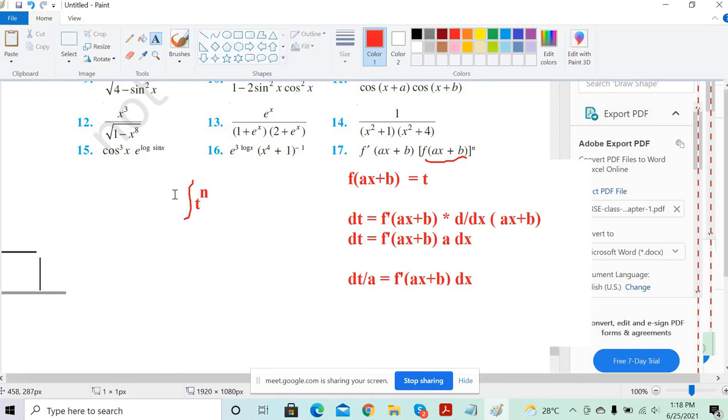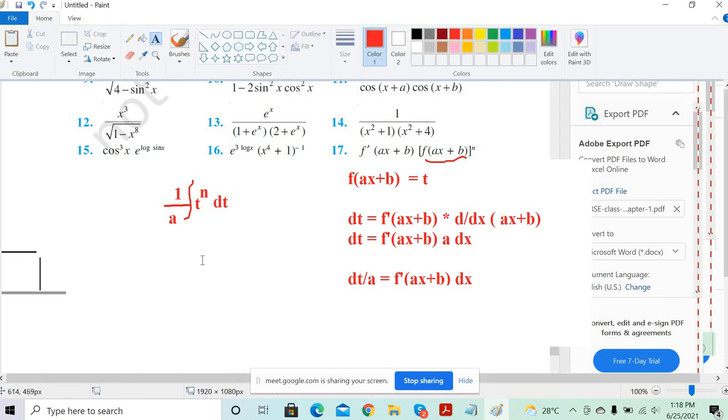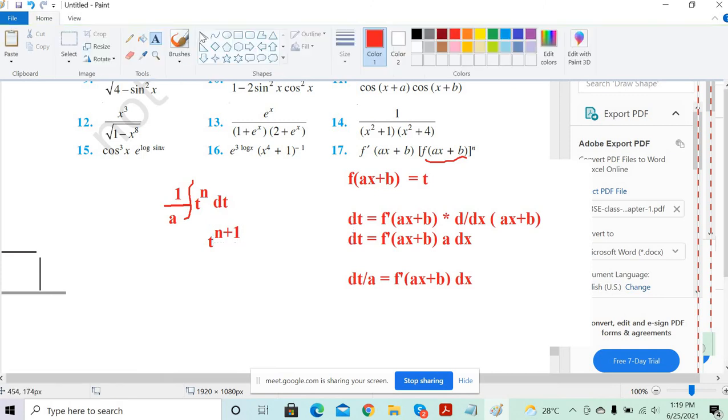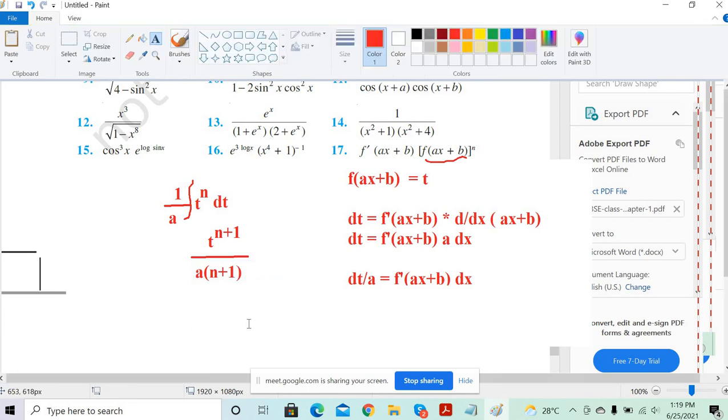So here we can just put 1 by a outside, and this becomes dt. Correct? So the answer is t power n plus 1 by n plus 1. Now substitute the value of t. That's it. Done.